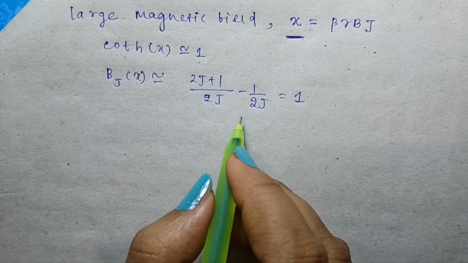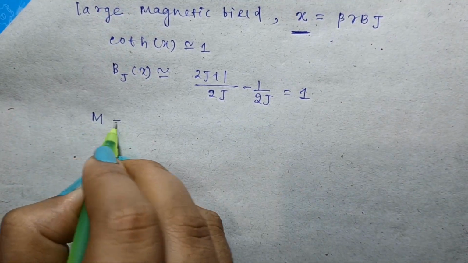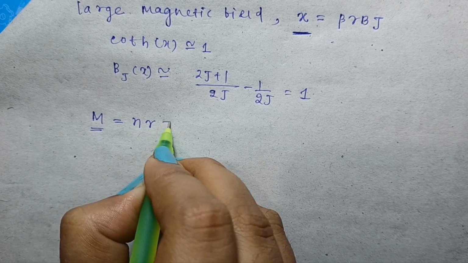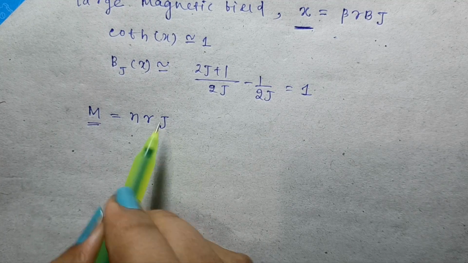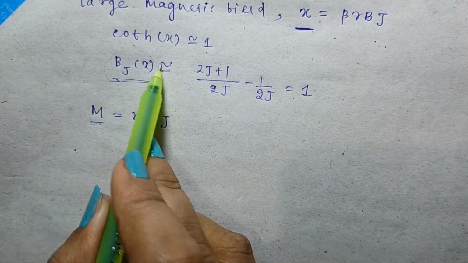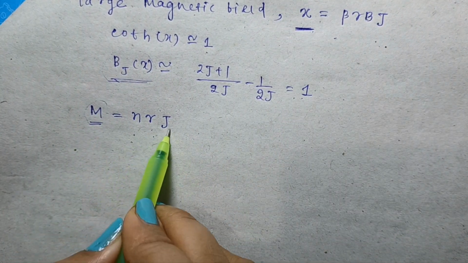So for large magnetic field we rewrite the equation of magnetization as N γ j, because Bj(x) is equal to 1.